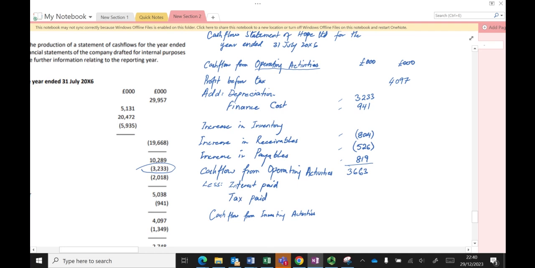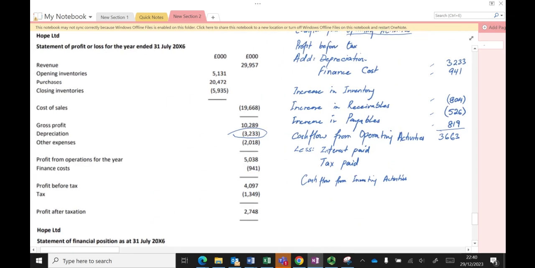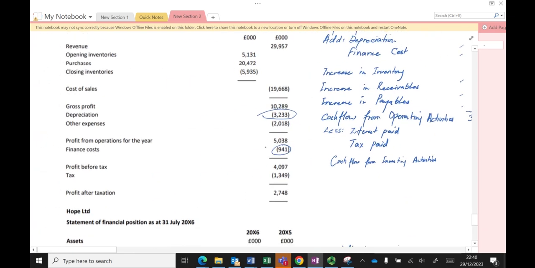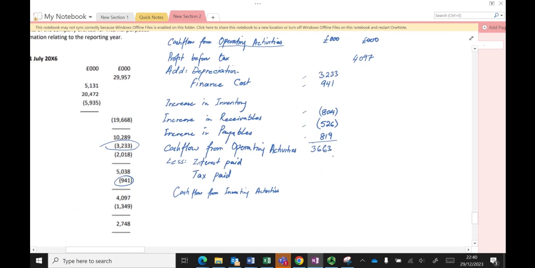Now the interest paid: there's no opening balance of interest payable, no closing balance of interest payable. Therefore, whatever the interest has been charged in the income statement is the same as what has been paid, 941.